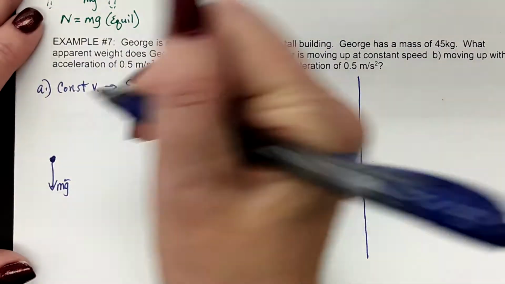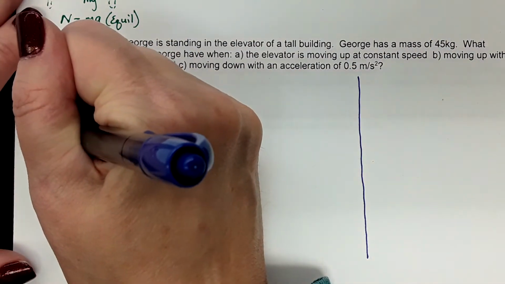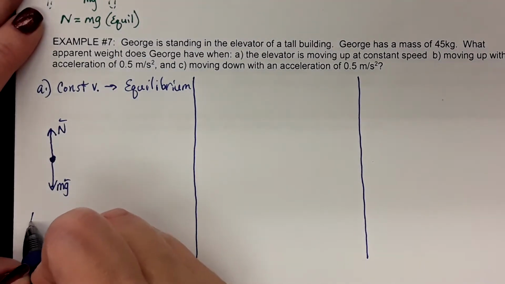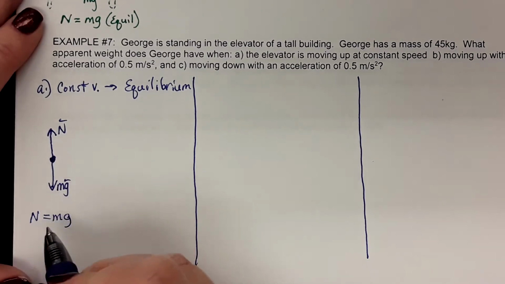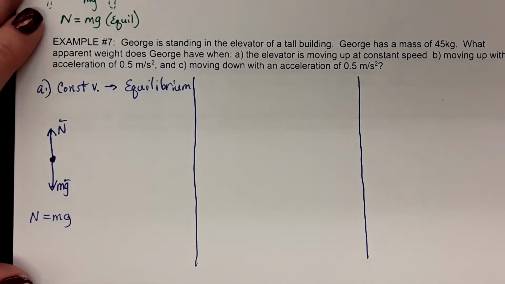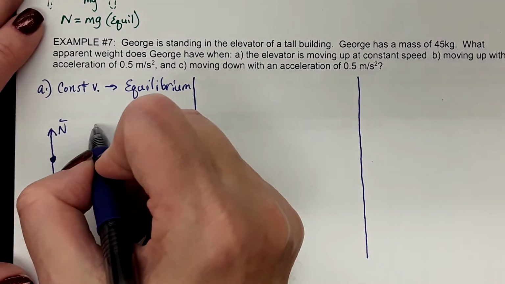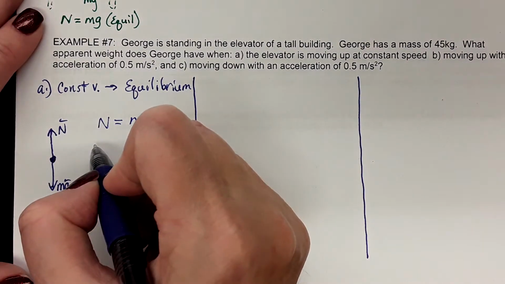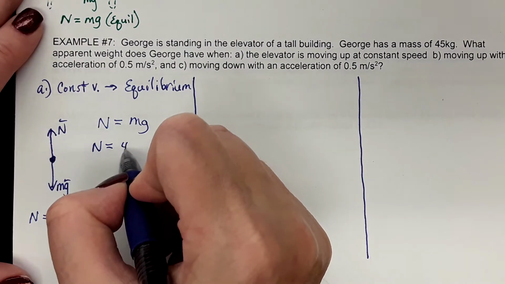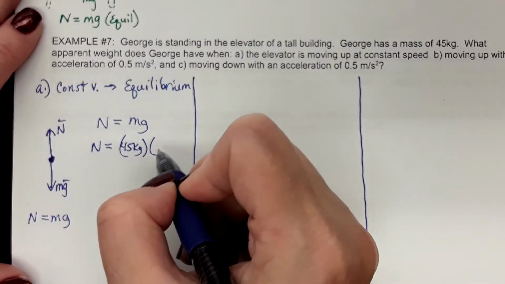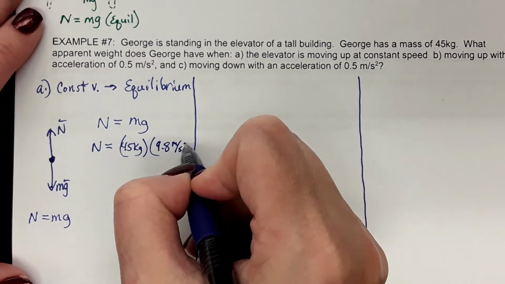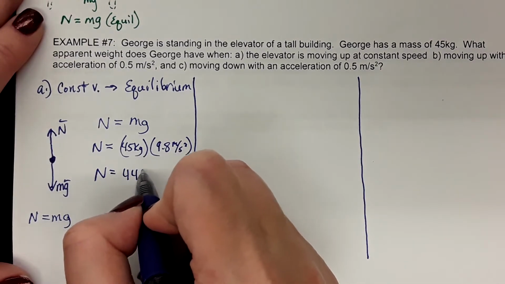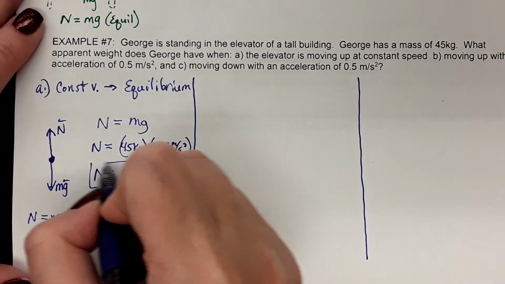Now, because we're in equilibrium, we know that the normal force acting on George from the elevator floor must be equal in value to George's true weight. So that means we can set the normal force equal to the true weight, and if we say 45 kilograms, George's mass, times the acceleration due to gravity, then the normal force as well as George's true weight must have a value of 441 newtons.